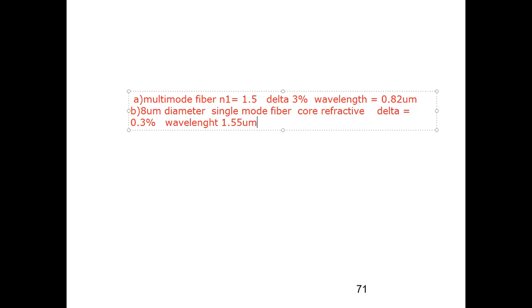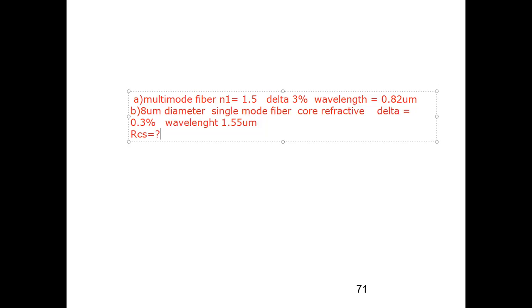The question is: estimate the critical radius of curvature at which large bending loss occurs for both cases. One is the multimode step index fiber, the second is the single mode step index fiber.